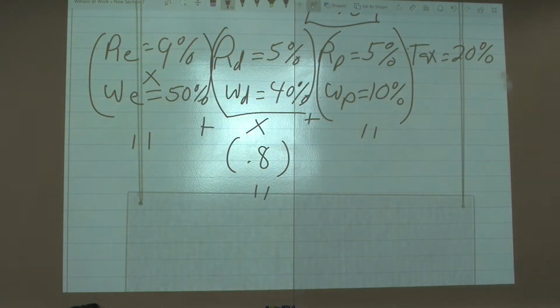Alright, so we can look in the book for the formula for the weighted average cost of capital, but this is how we solve it.